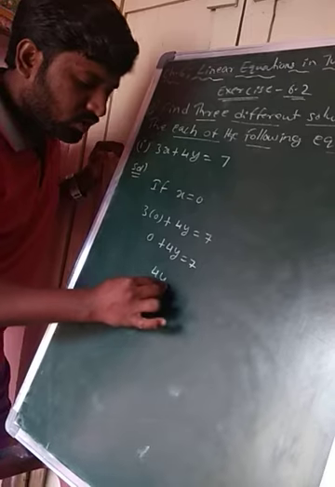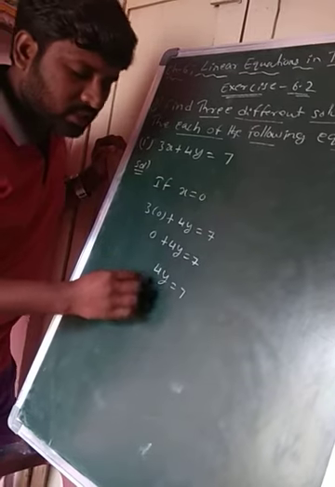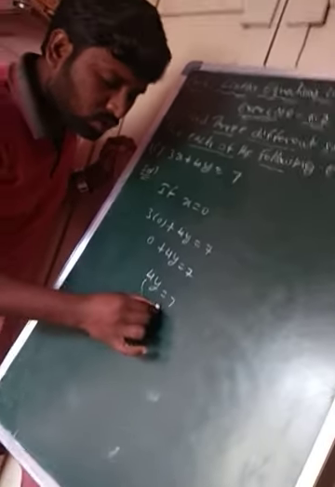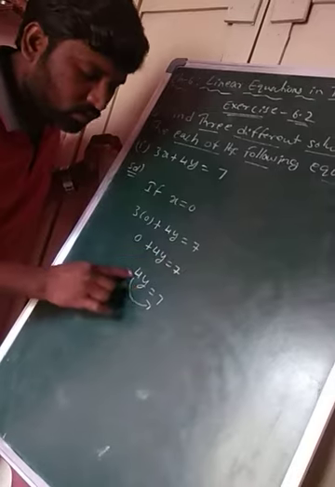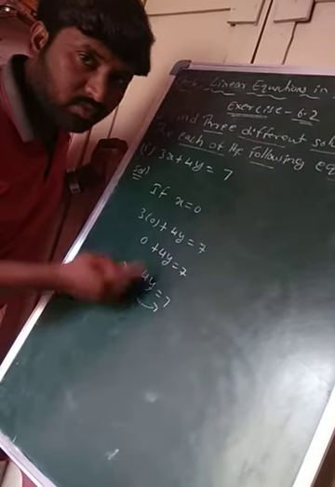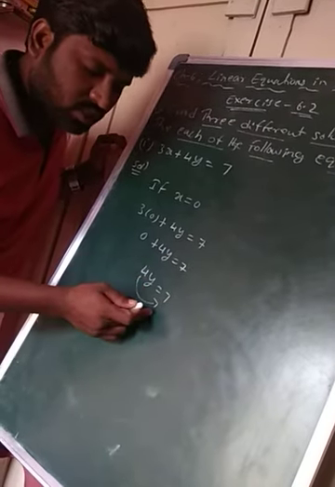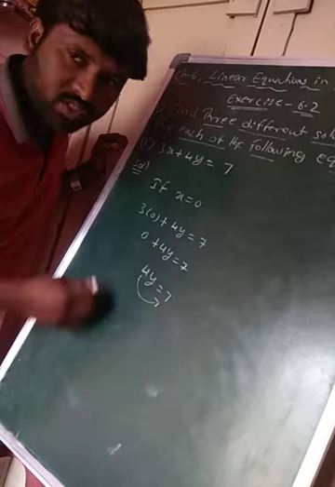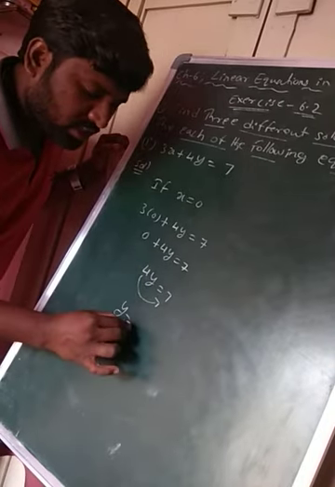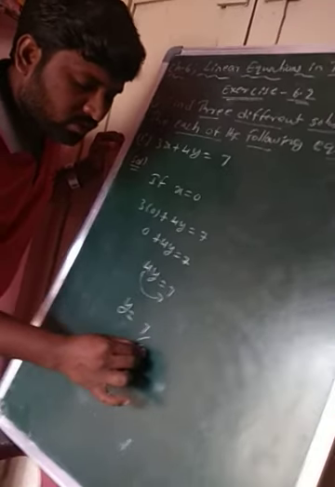Simply 4y is equal to 7. Then transposing 4 to the RHS side, 4y is nothing but 4 into y, and when we transpose a multiplication quantity it becomes a division quantity. So y is equal to 7 by 4.